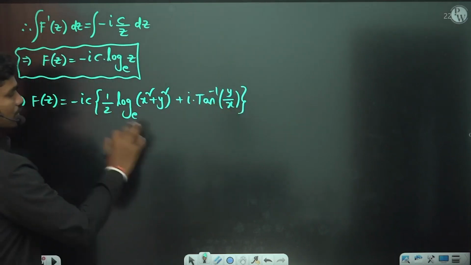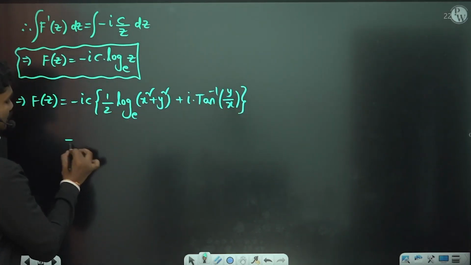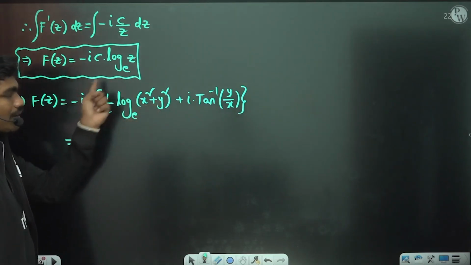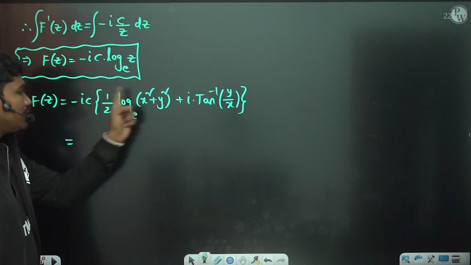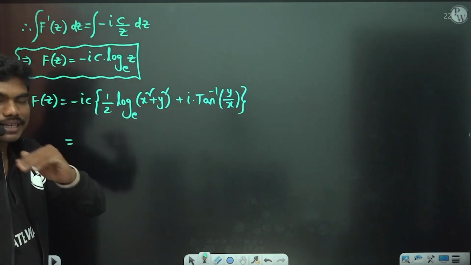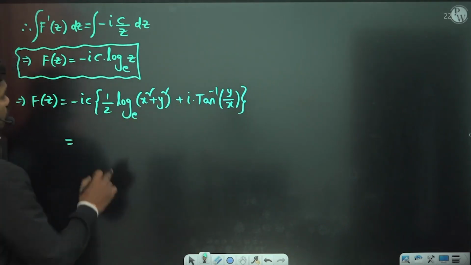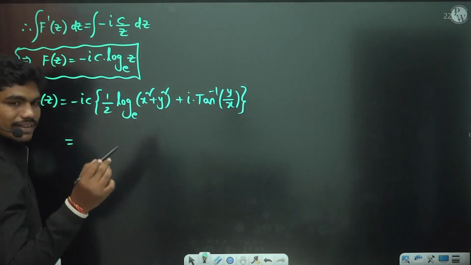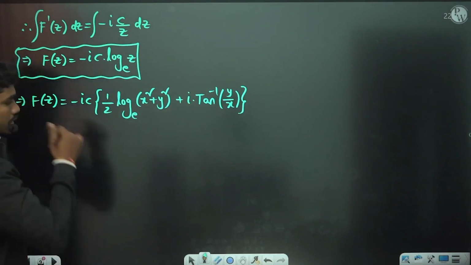If you write real parts and imaginary parts, then you can see this minus ic. This minus i, if you multiply here, this part becomes the imaginary part, correct? And if you multiply this minus i to this plus i, imaginary terms go out and we get the real term. So minus i into plus i is minus i square, which is minus 1, so minus 1 into minus 1 is plus.